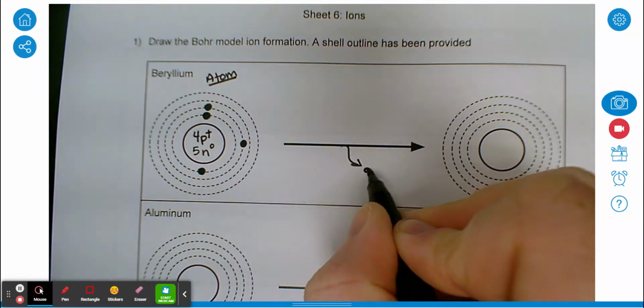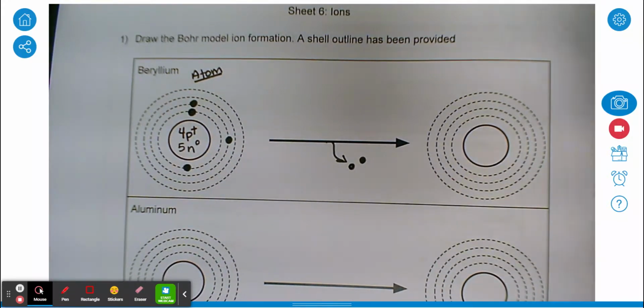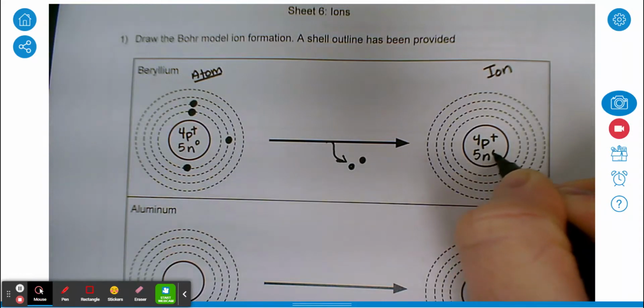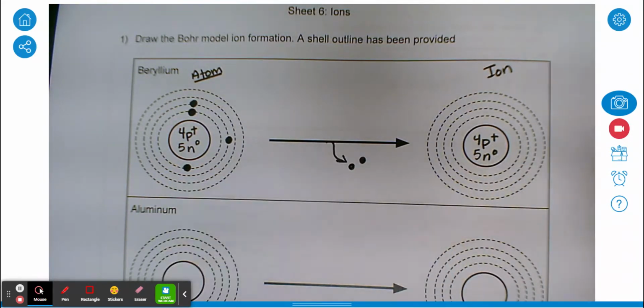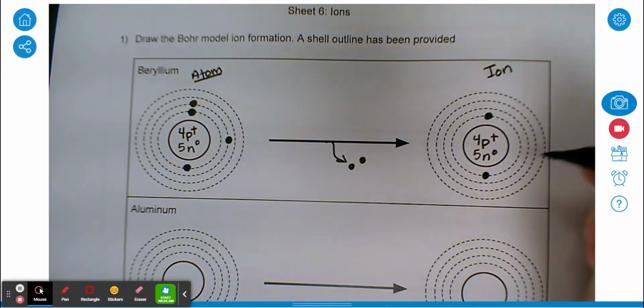Much faster to lose 2. Then, draw your ion. Now, I started with 4 protons and 5 neutrons. Never going to change that nucleus. But my electrons started with 4, lost 2. Now I'm down to 2.